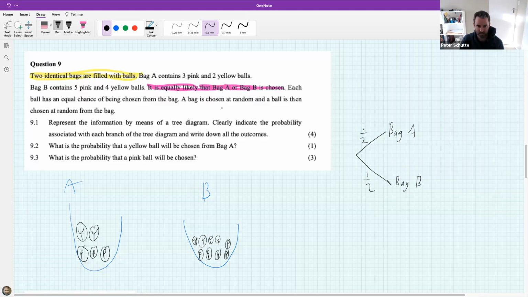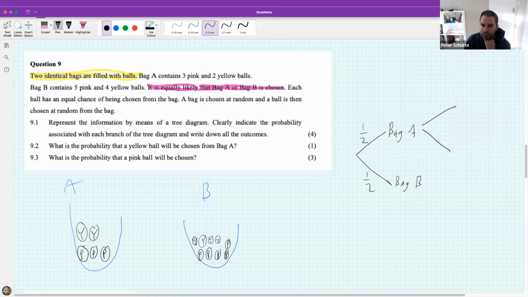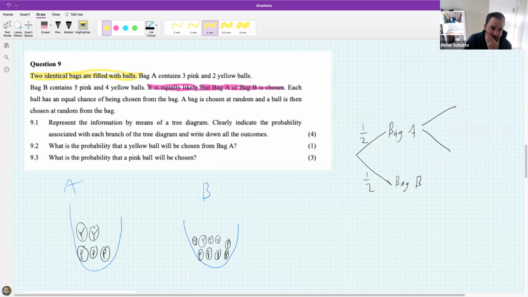Okay, now it says, a bag is chosen at random, and then a ball is chosen at random from the bag. What are the 2 possibilities for the colors in bag A? What are the 2 possibilities for the colors in bag B? If we look at this thing over here, what are my two possible colors?